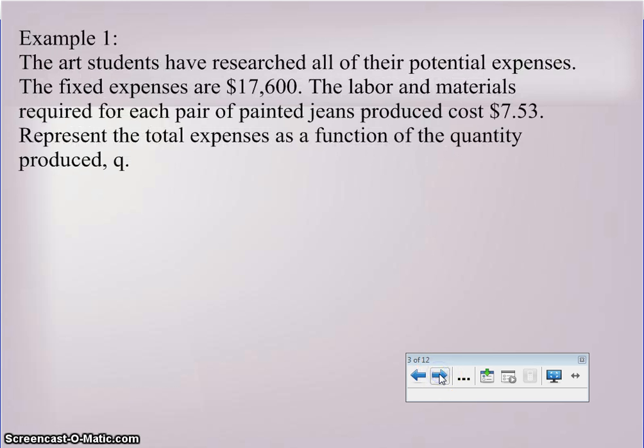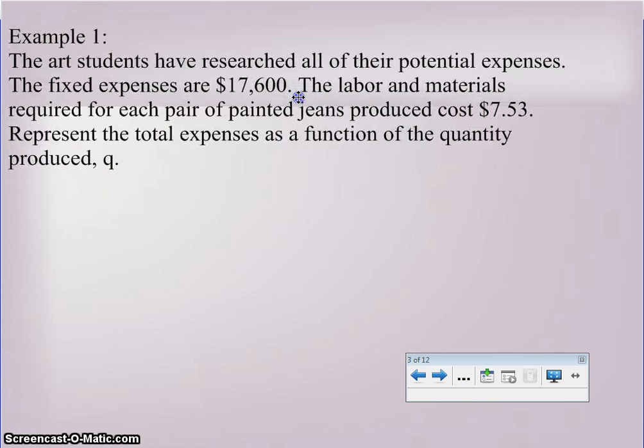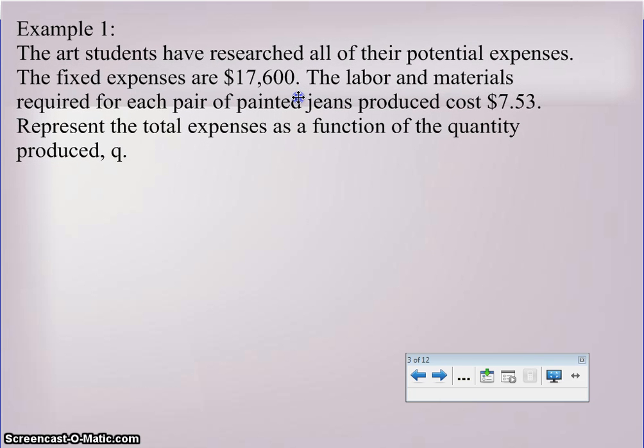And let's get started. First example, the art students have researched all of the potential expenses. The fixed expenses are $17,600. The labor and materials required for each pair of painted jeans is a cost of $7.53.